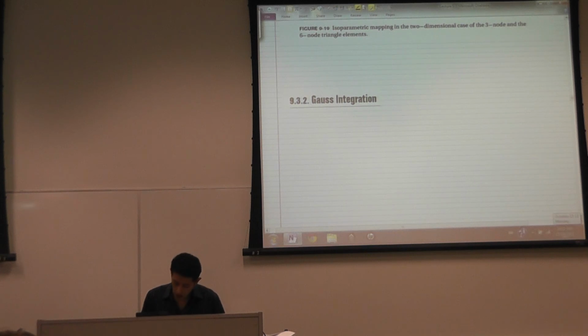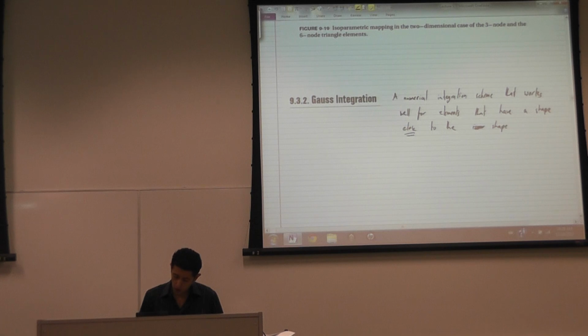So the Gauss integration is a numerical integration scheme that works well for elements that have a shape close to the shape in the perfect world.